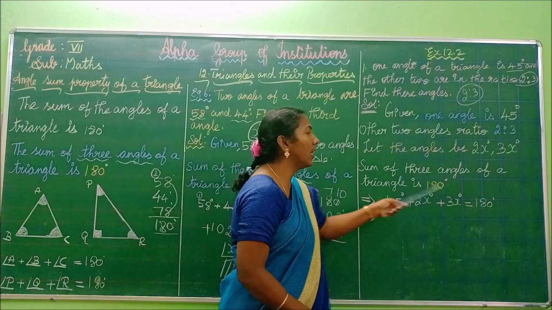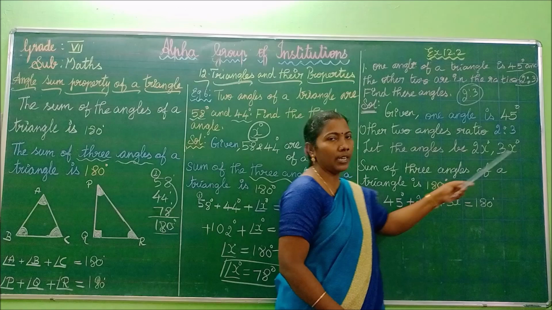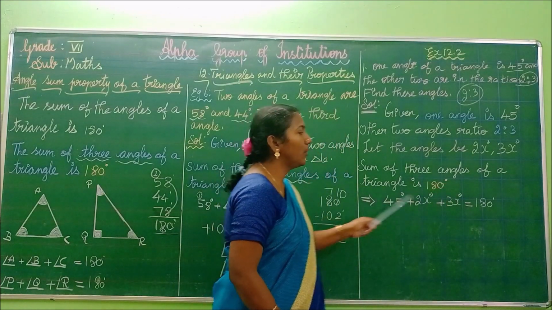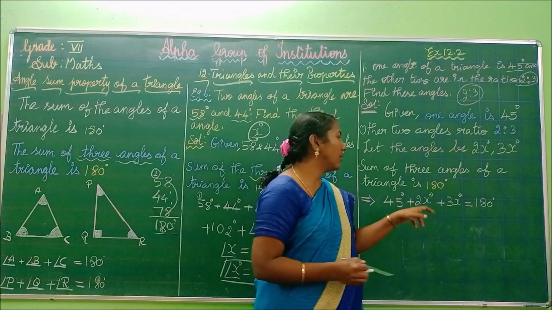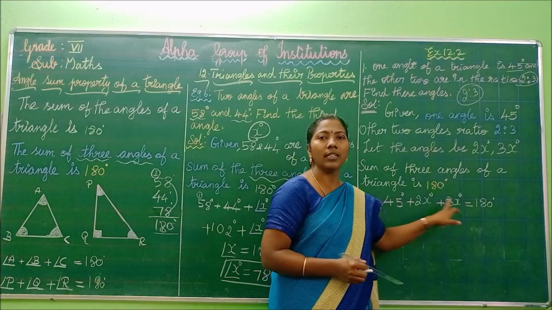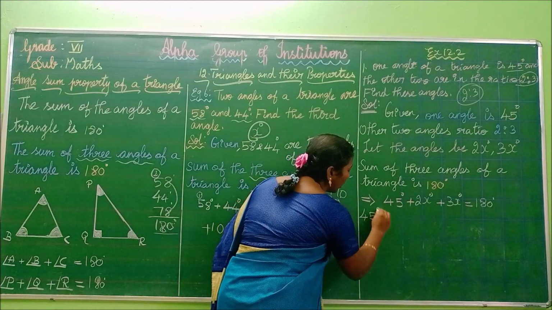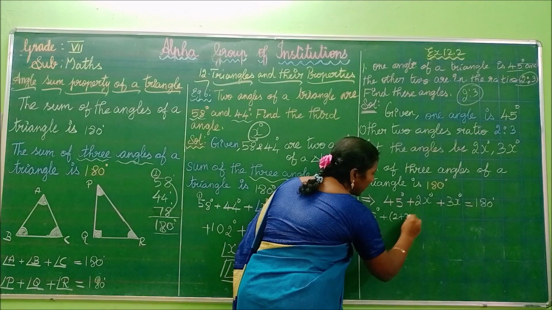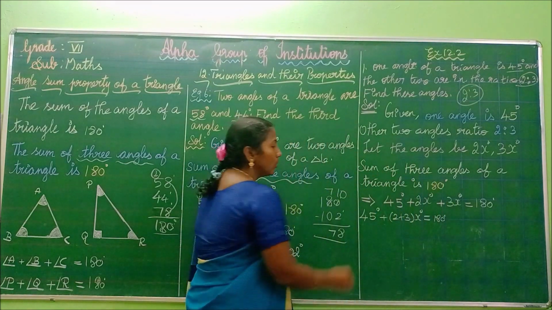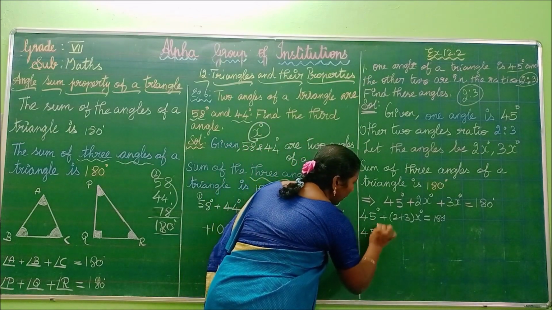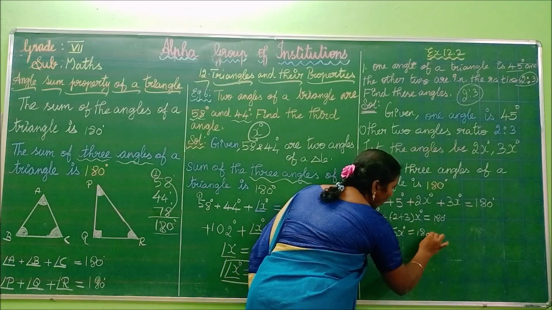Now we have to find the value of x, and then we have to find the value of 2x and 3x. We can add 2x and 3x. Why? They are like terms. So 45 plus 2x plus 3x equals 180 degrees. So 45 plus 5x equals 180 degrees.